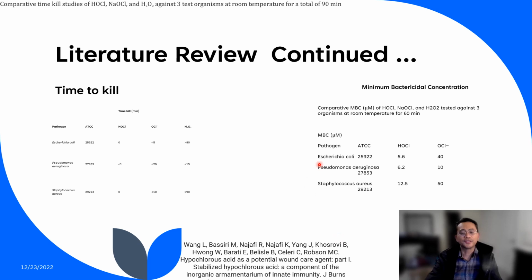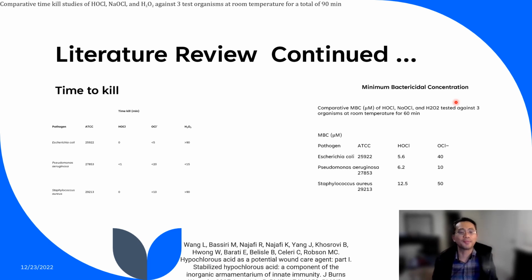Now, if you look at the other side of this slide, we have what we call the MBC, the minimum bacterial concentration, which is the lowest concentration of antimicrobial agent required to kill a particular organism.